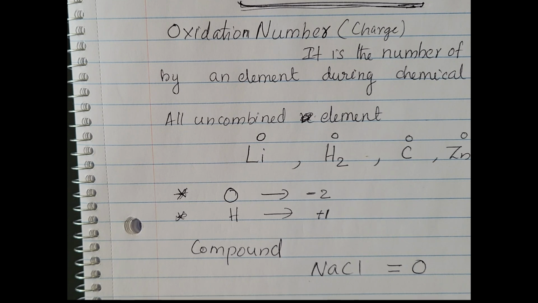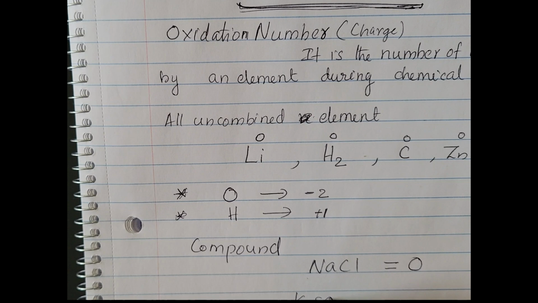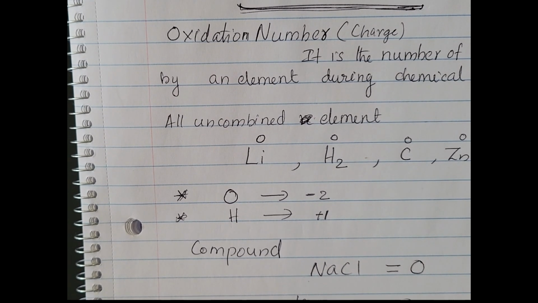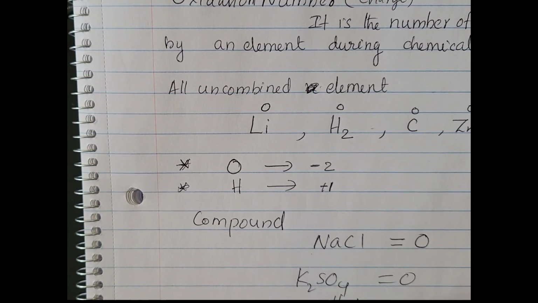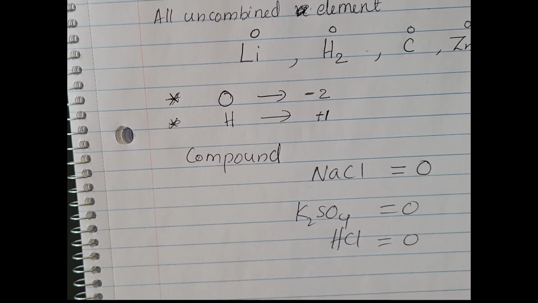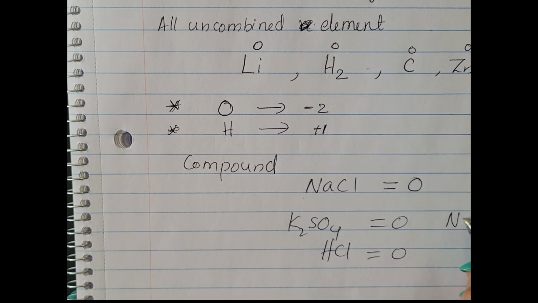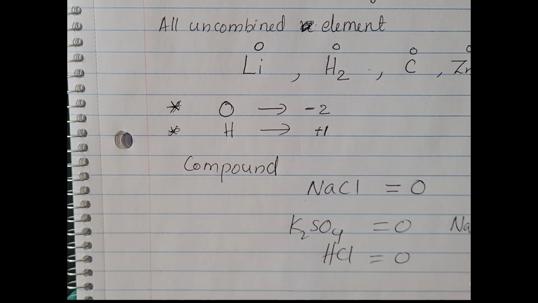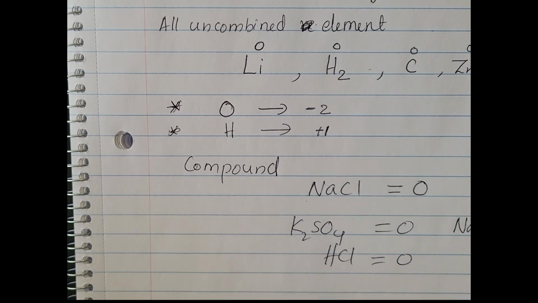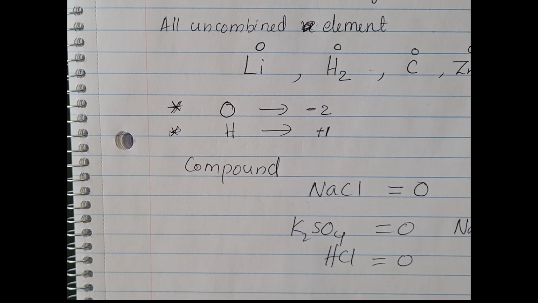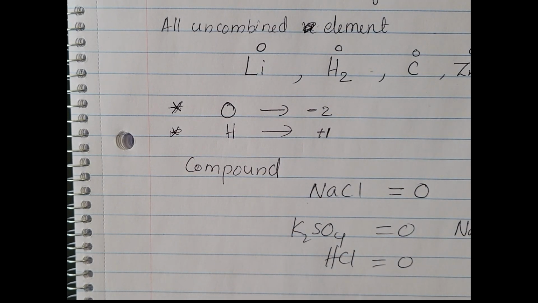So all compounds, no matter what? Yeah, if you are writing potassium sulfate, the charge will be 0. If you are writing hydrogen chloride, charge will be 0. But what if it's like sodium sulfate? If it is sodium sulfate, charge will be 0, if the formula is correct, because that's why they are reacting. One is losing electrons, one is gaining electrons, okay? The number lost by one element must be equal to the number gained by another element.